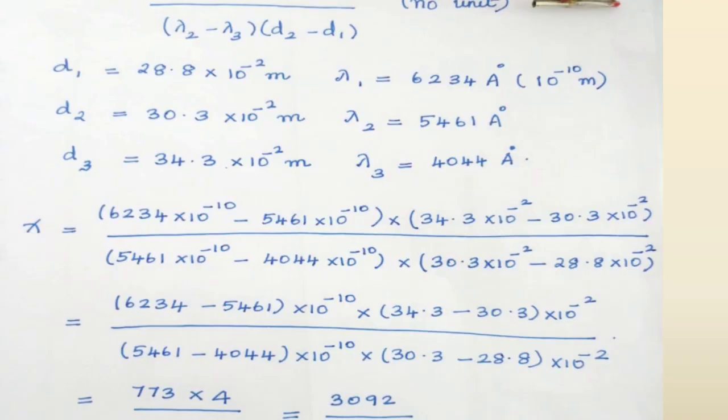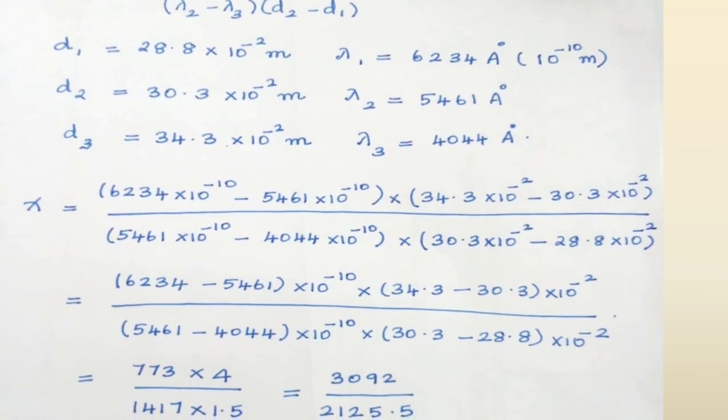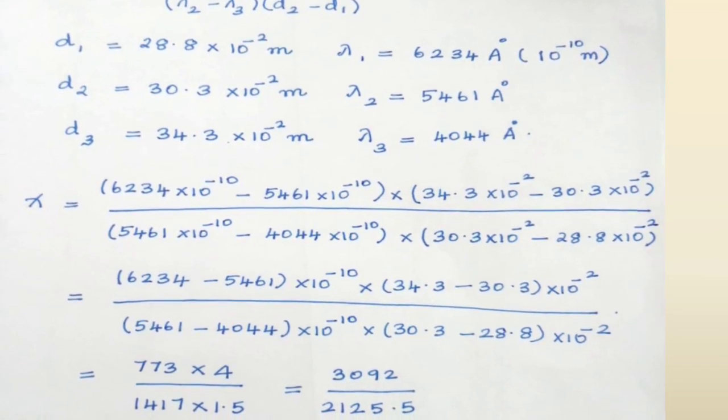So substituting those values in x, we get 6234 into 10 power minus 10. But while doing calculation, it is always important to express the parameters in the MKS system, that is meter, kilogram and seconds. So here also I have converted angstroms into meter. So 1 angstrom is 10 power minus 10 meter.